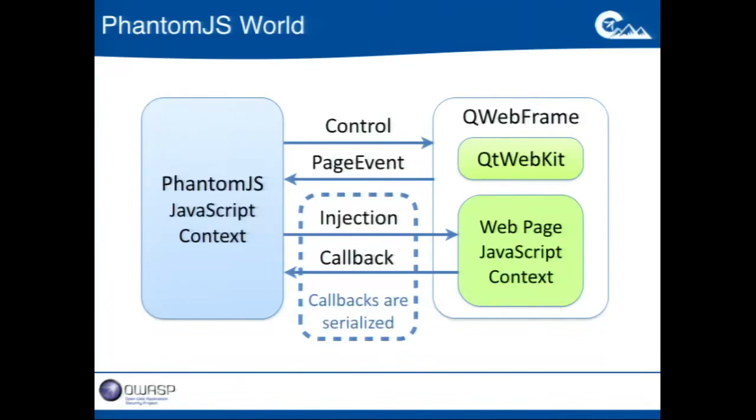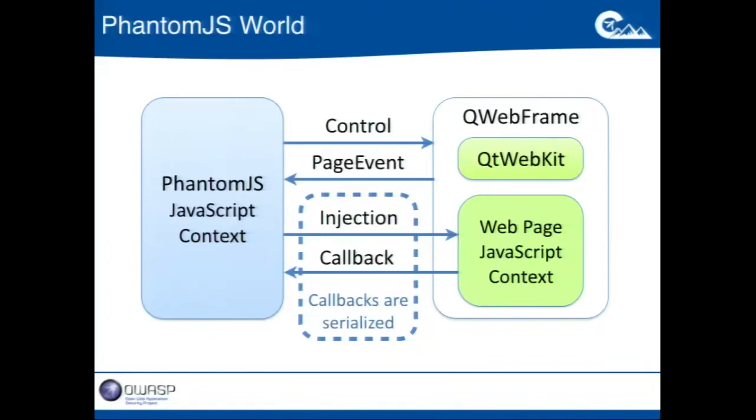From the Phantom.js context, you can control the page, listen to the events sent from the WebKit engine, and inject your JavaScript code directly into the JavaScript context inside the page. And from the page, there's a mechanism to call back from the web page into Phantom.js.